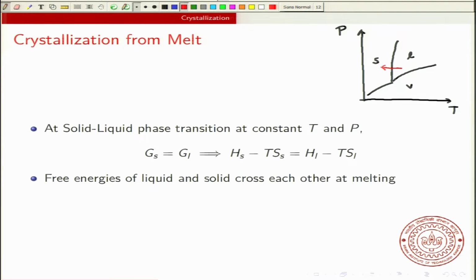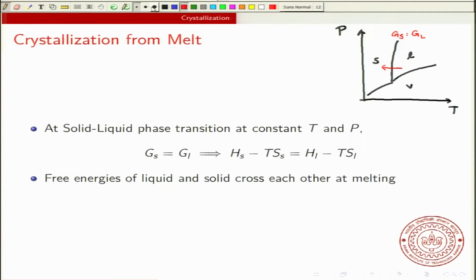Okay. So, what we say is that along this line the Gibbs free energy of the solid is equal to the Gibbs free energy of the liquid. Anywhere on this line corresponds to certain values of pressure and temperature. So, at those values you will have the Gibbs free energy of solid and liquid be the same.